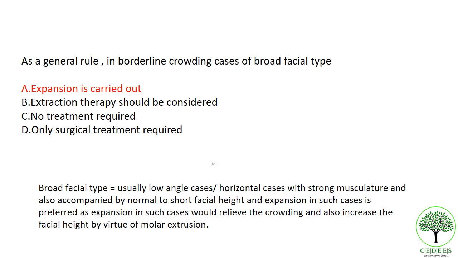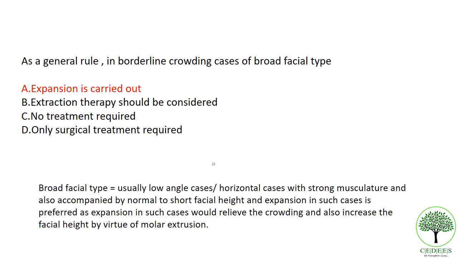It could be slow expansion, dental expansion, skeletal expansion, whatever. Usually, since the crowding is borderline, a dental expansion with just the arch wires would suffice, but expansion is carried out because it helps in having a broader arch form, which correlates with the broad facial type, and also an increase in the vertical height would happen because of molar extrusion, which is a side effect of expansion.